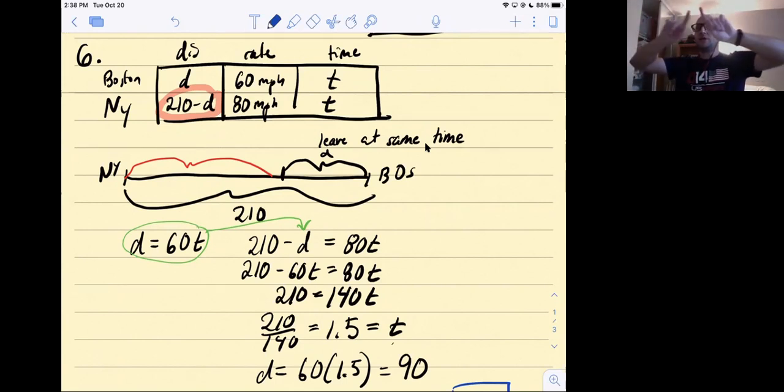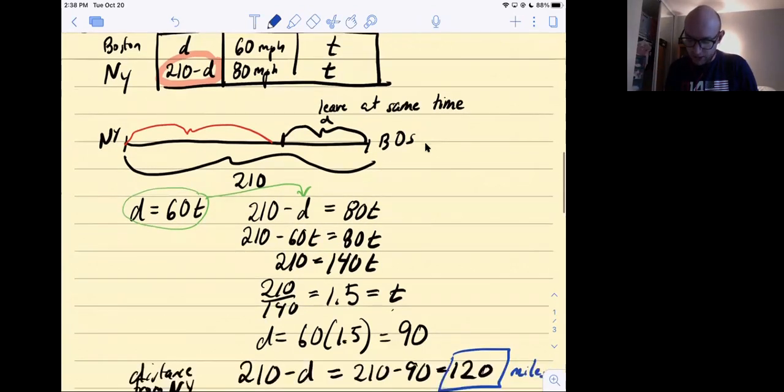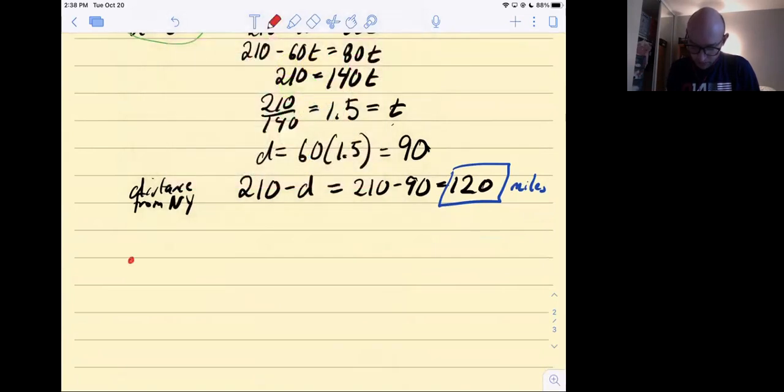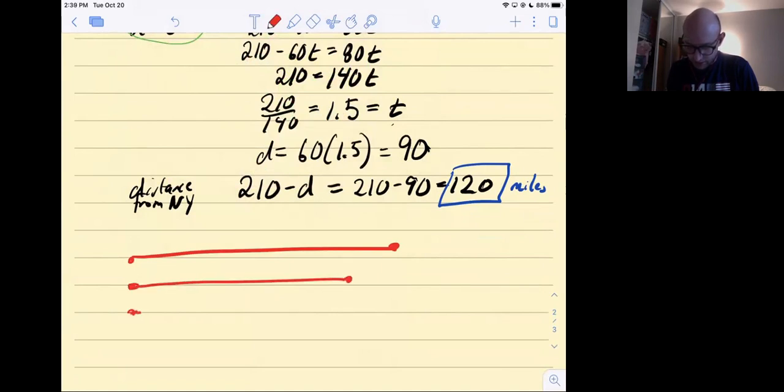Just imagine that there's a red line that represents the overall distance between the two trains. What's happening here is that this red line is actually shrinking at a rate of 140 miles per hour.